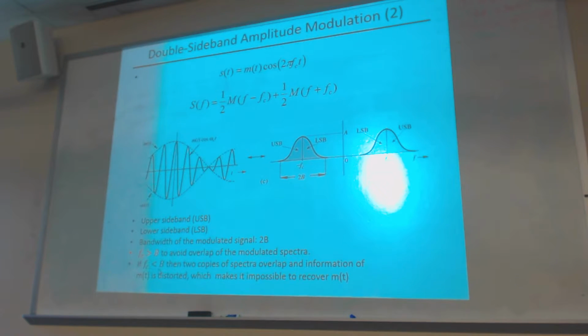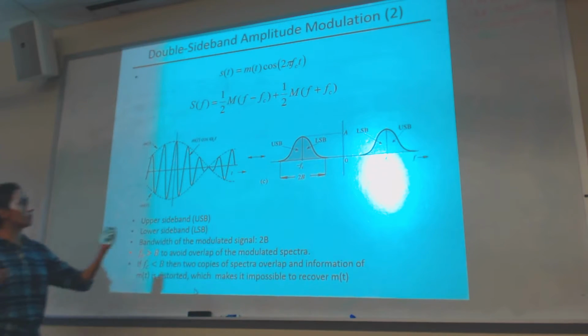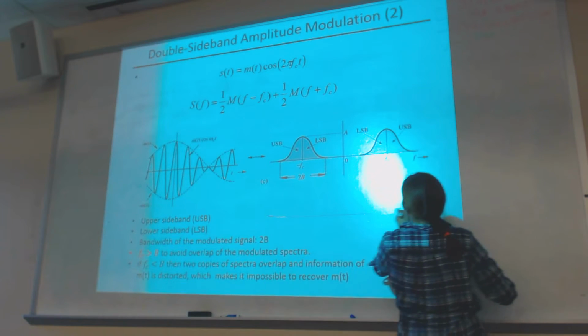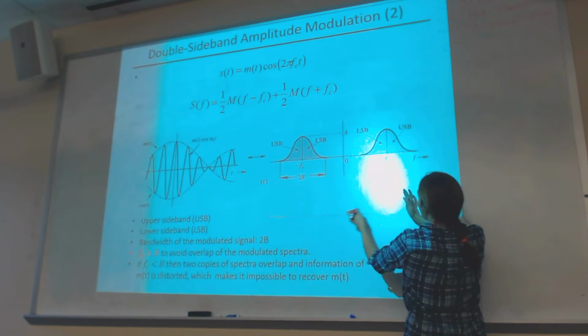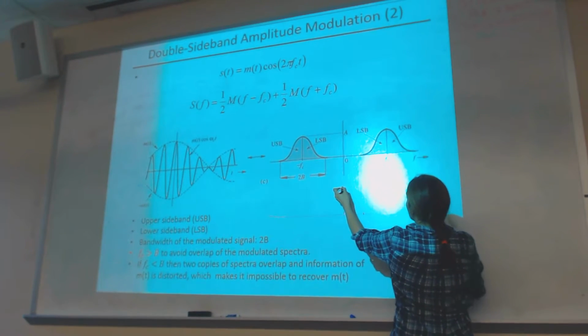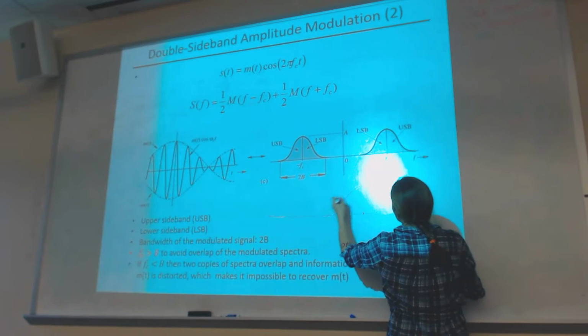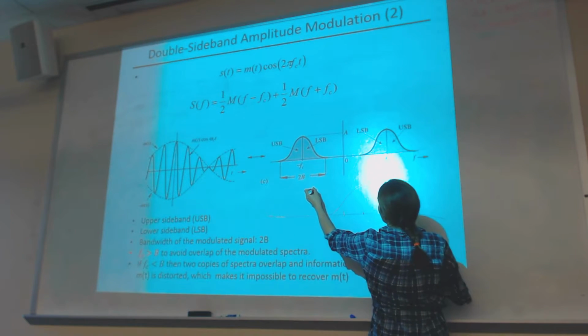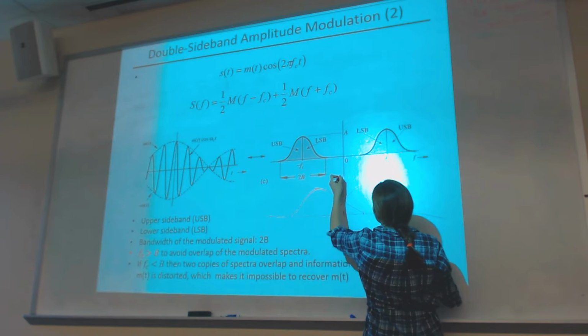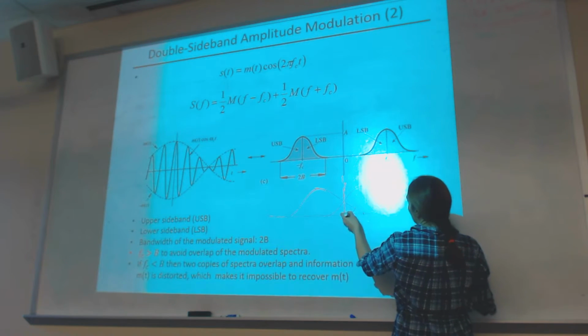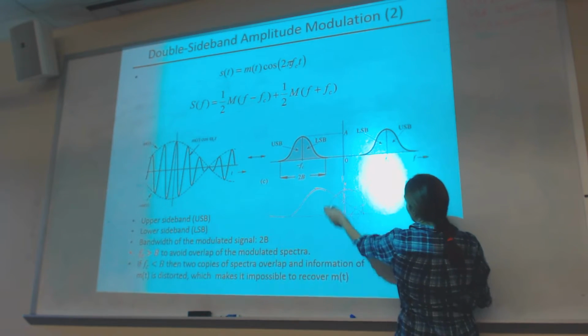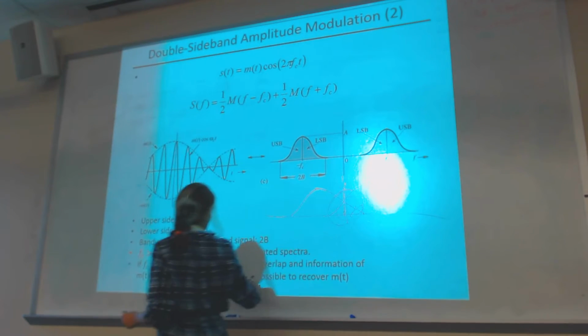If f_c is less than B, then two copies of the spectrum overlap and the information of m(t) is distorted. Like here, these two replications overlap at this point, and my data is distorted.